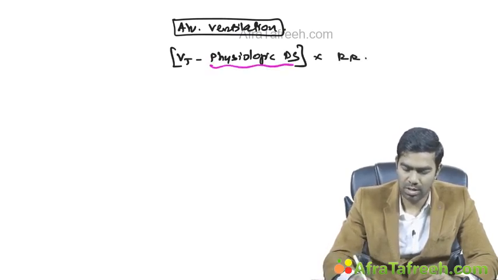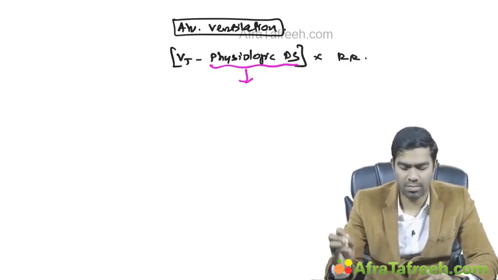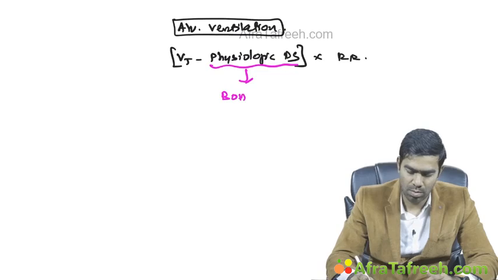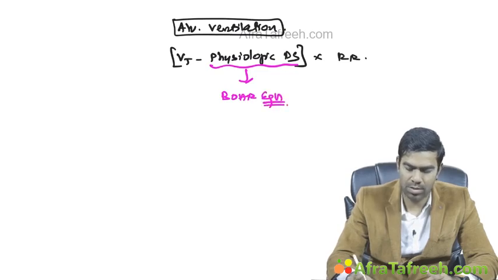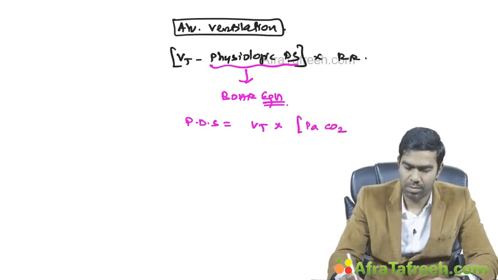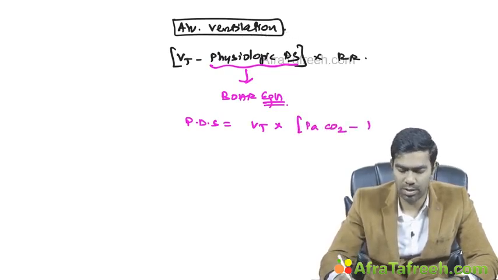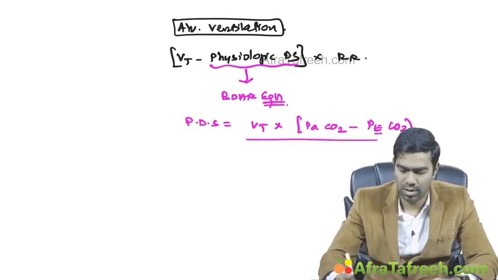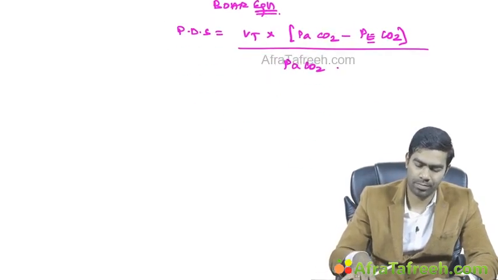So now you can ask me, how can you find out this physiological dead space? We have an equation called the Bohr equation, which might be your exam question. So what is your Bohr equation? It tells you your physiological dead space is equal to tidal volume multiplied by partial pressure of arterial carbon dioxide minus partial pressure of expired carbon dioxide, divided by partial pressure of arterial carbon dioxide again.